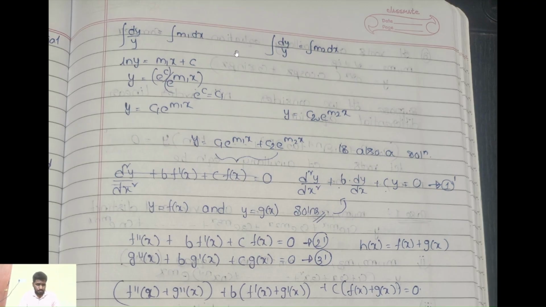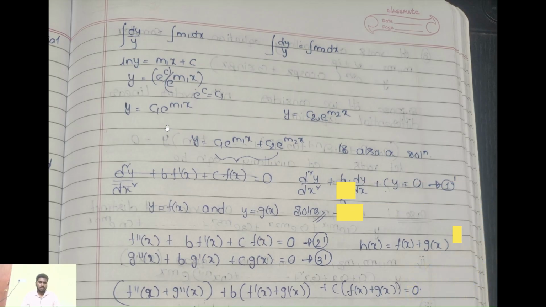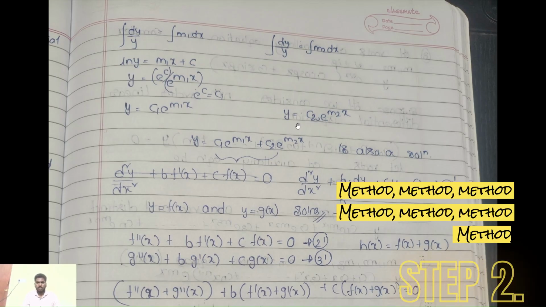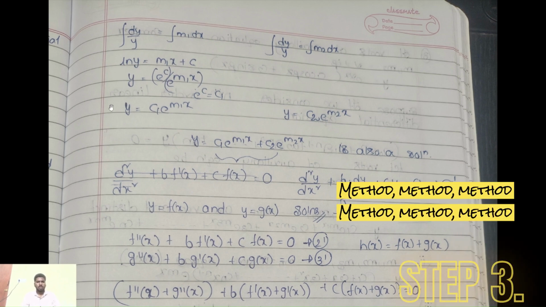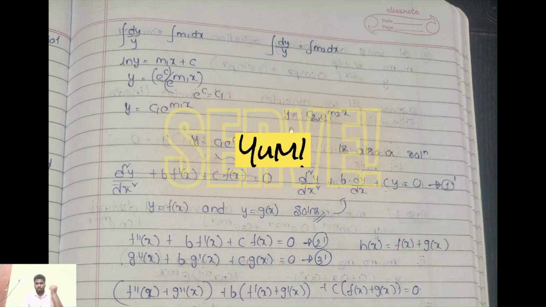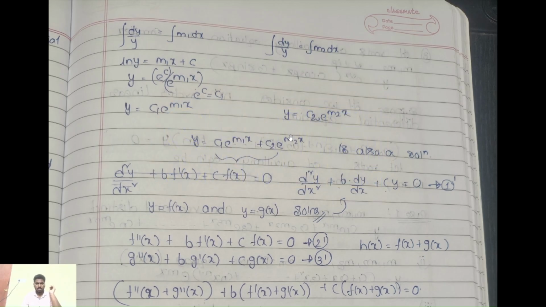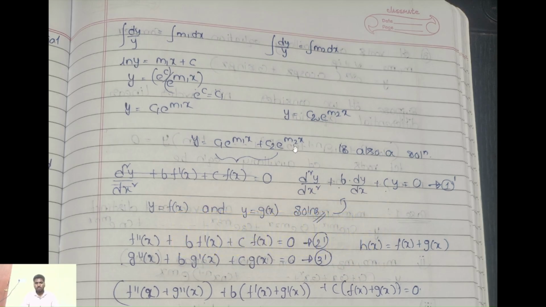So you get y equal to e power c into e power m1 x. I treat e power c as c1. In a similar way, we get y equal to c2 into e power m2 x. So y equal to c1 into e power m1 x plus c2 into e power m2 x is also a solution.